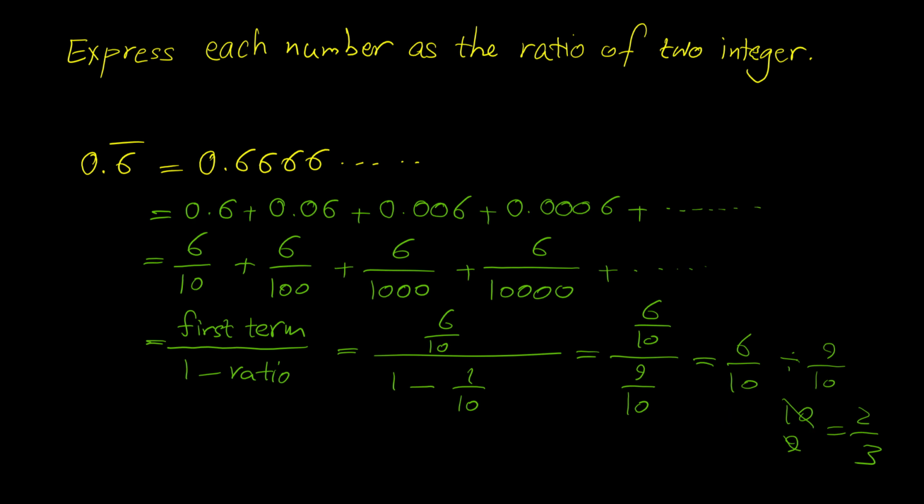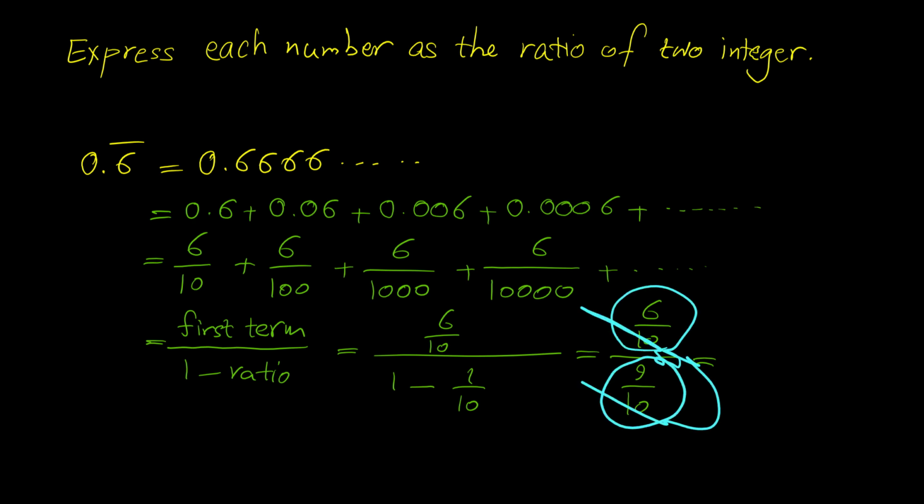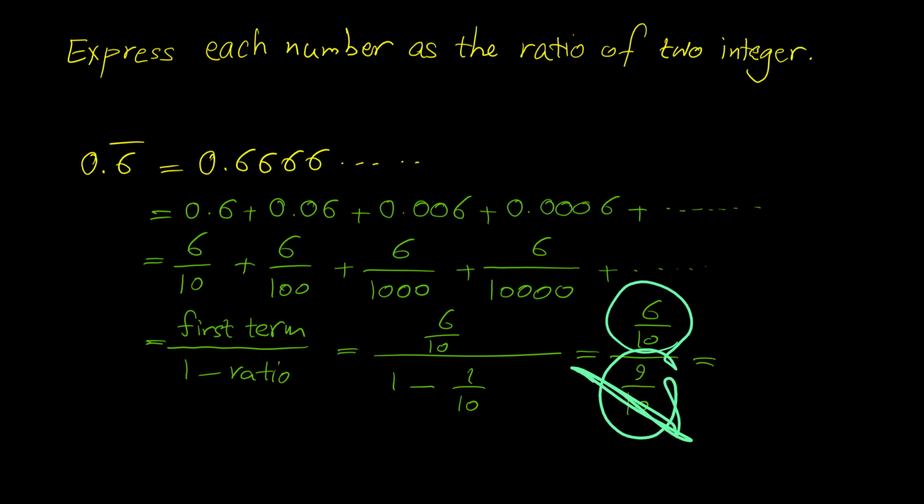The other way that you can simplify this fraction, let me show you a trick that you can use to simplify this a little easier. When you divide a fraction by another fraction, if denominators are the same, you can cancel them. And then the answer is numerator over denominator, 6 over 9. You don't need to really divide. So, when you divide a fraction by another fraction, if denominators are the same, cancel them.